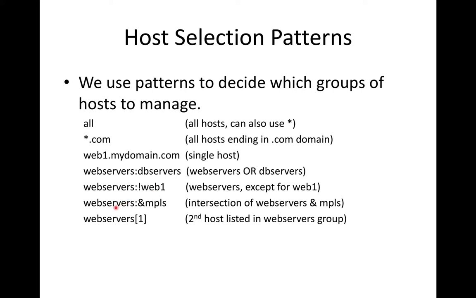Or I want to apply configuration to all of the servers which are members of both the web servers group and the MPLS, the Minneapolis group. So lots of different host selection patterns that you can use with Ansible.